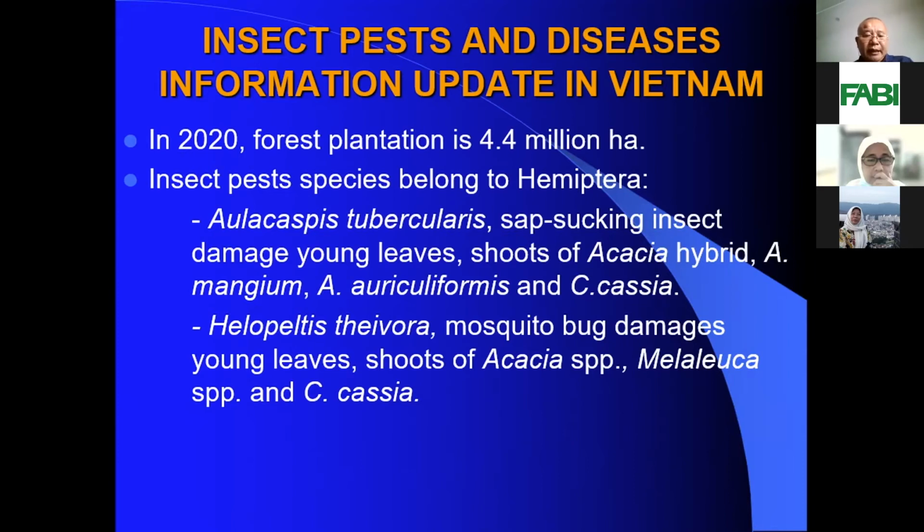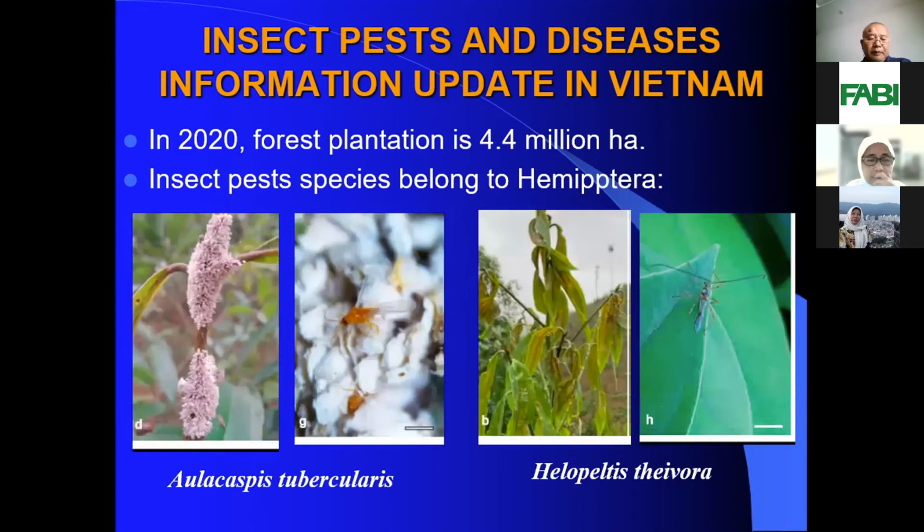The second one is Helopeltis theivora, a mosquito bug, attacking young leaves and shoots of Acacia species, Melaleuca species, and Cinnamomum cassia. Here's a picture of Aulacaspis tubercularis attacking Cinnamomum, and Helopeltis theivora also damages many tree species.